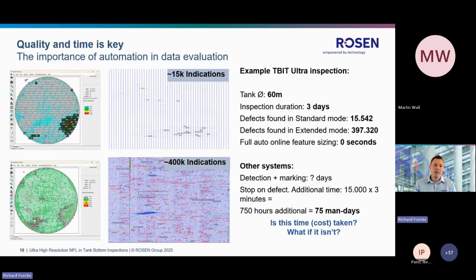And I would lie if I said this does not have an influence on the data. So it is very important that the algorithm is properly trained and programmed to filter out all this small stuff. And in one of my slides, I also mentioned that 50% of all indications are in the range of 10 to 20%, but only 5% is real.